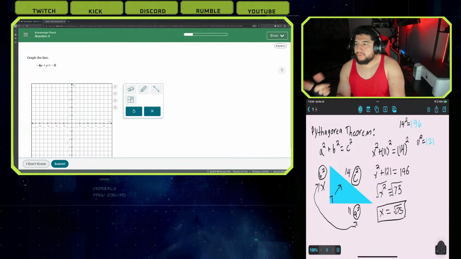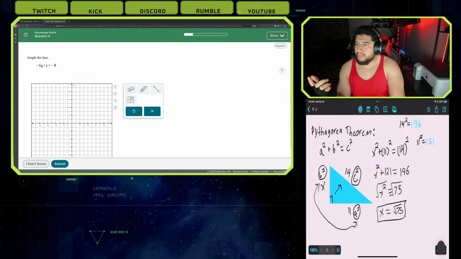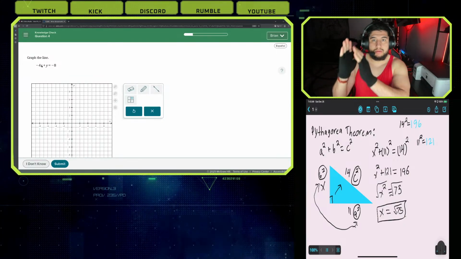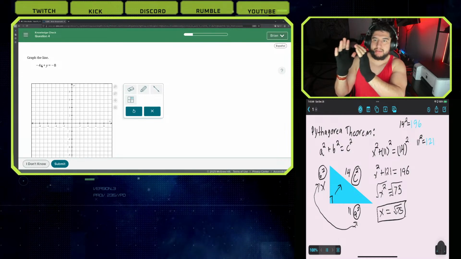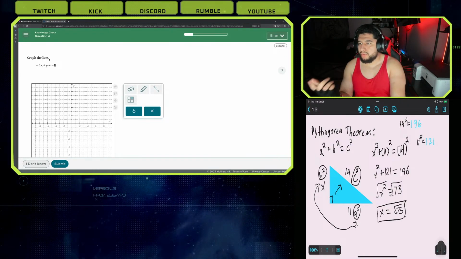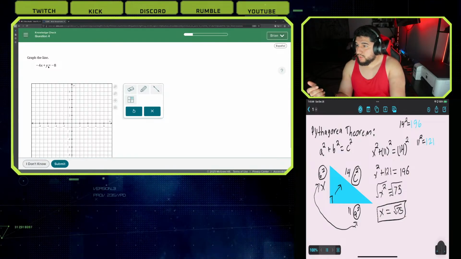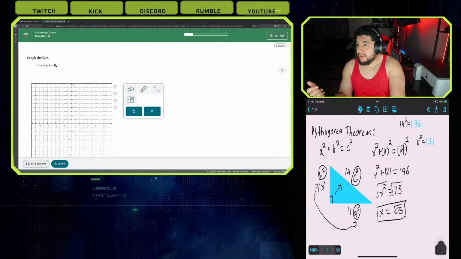But anyways, to find the x coordinate, we basically need x by itself, and then move everything over to the right. So in order to do that, you need to subtract y. So negative 8.